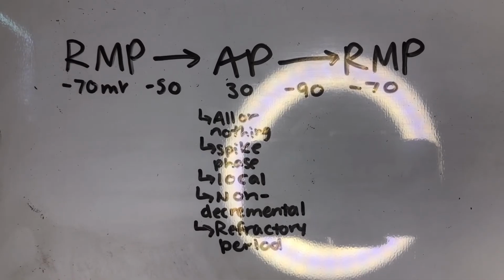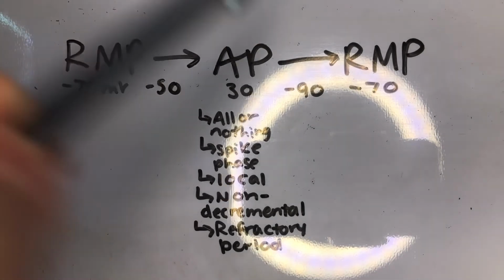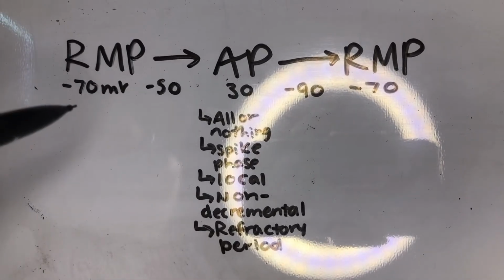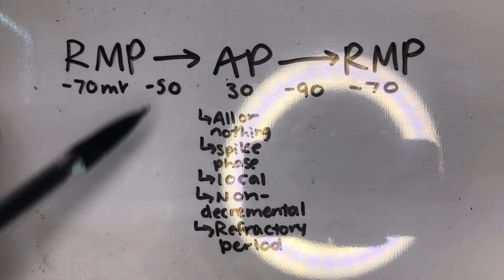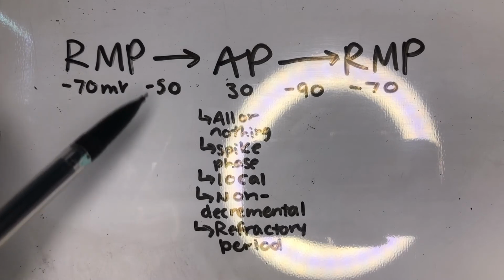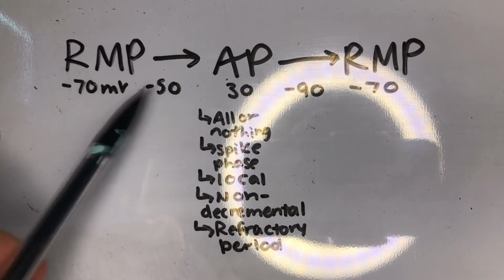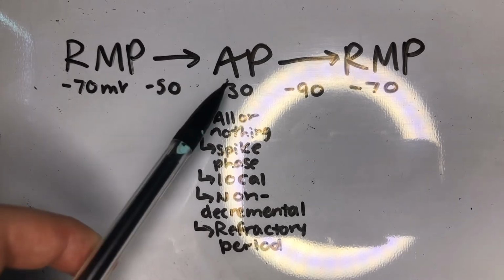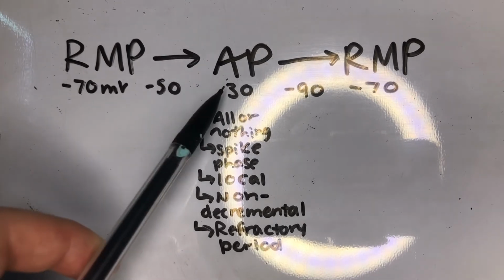So let's look at the process overall one last time before we put this point to rest for this video. It's going to come up a lot more, trust me. So basically, the major cycle is you start at resting membrane potential, you go to action potential, you go back to resting membrane potential. Resting membrane potential is going to be negative 70 millivolts. Then through depolarization and summation at the axon hillock, you're going to reach negative 50 millivolts, which is going to start the action potential, which goes to 30 millivolts.